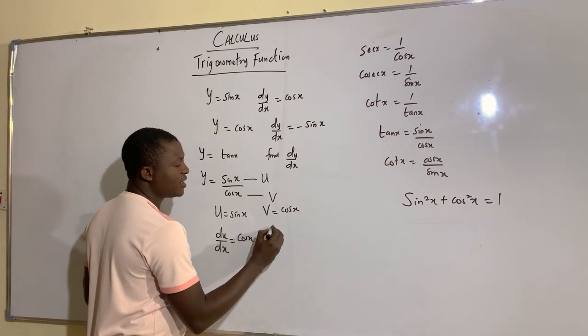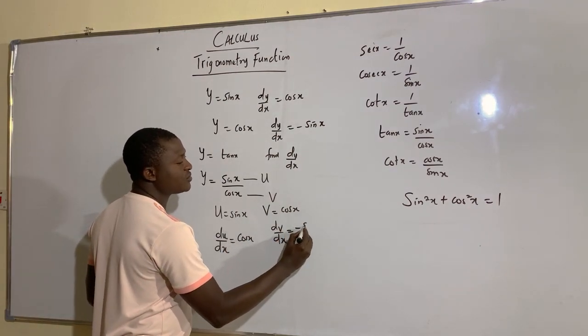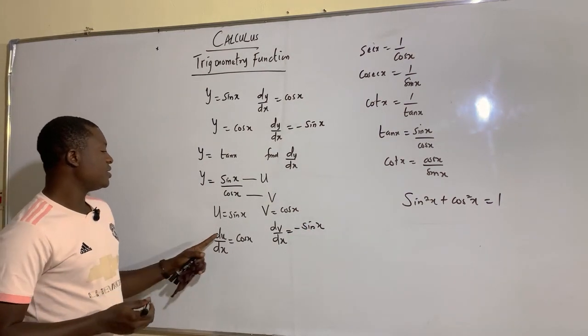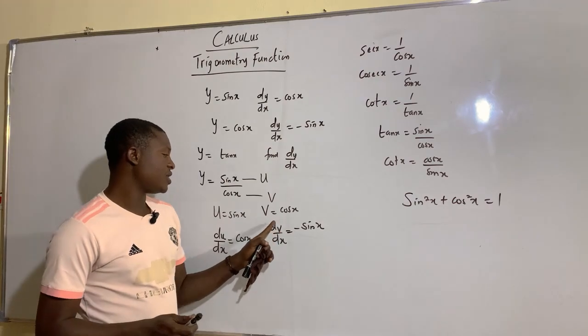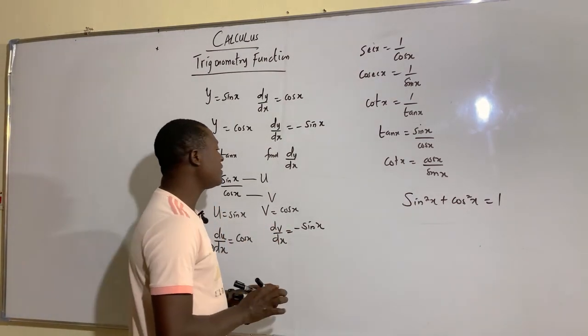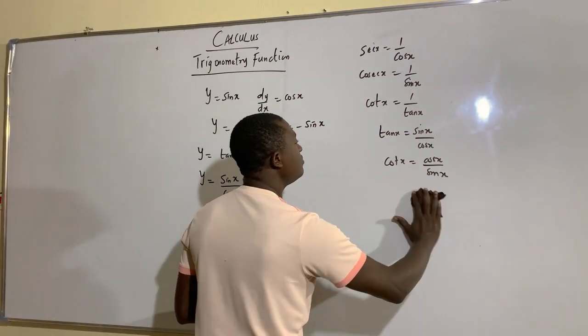And dv dx is the differential of cos x, which is minus sine x. So we have du dx to be cos x and dv dx to be minus sine x. Now recall the formula for the quotient. I hope you remember that.